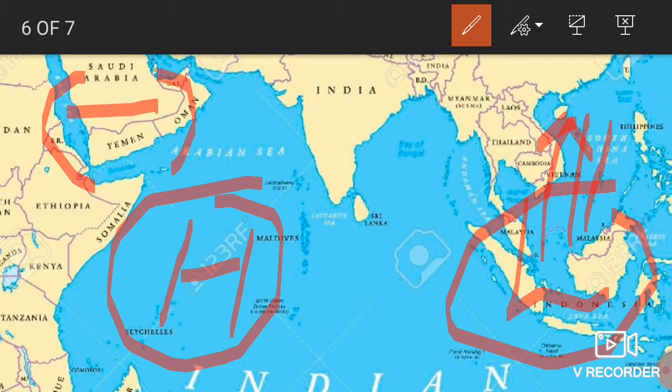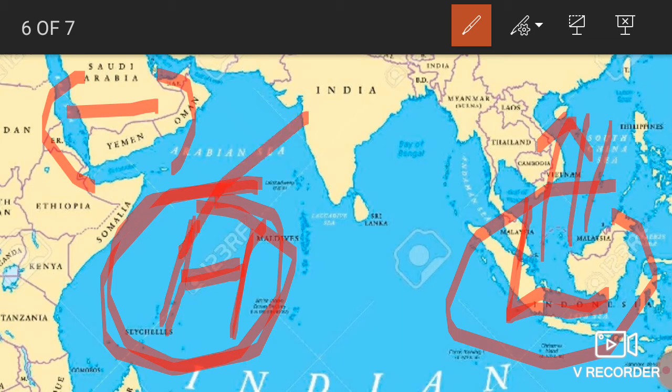So flood-like situations will be here. And the high pressure zone in the western Indian Ocean is not good for the southwest monsoon because it will get weak. It will cause the weakening of the southwest monsoon.